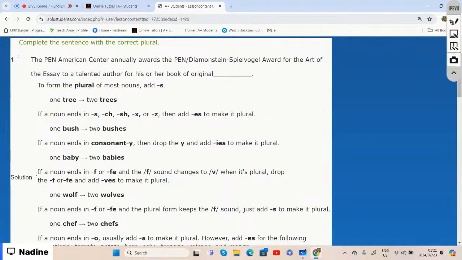All right. So we made mention of when, for example, in order for us to form the plural nouns, we just add an S, right?